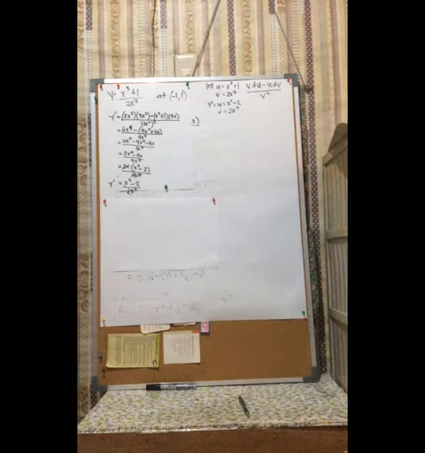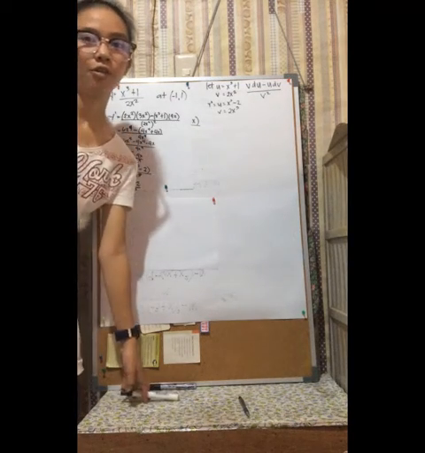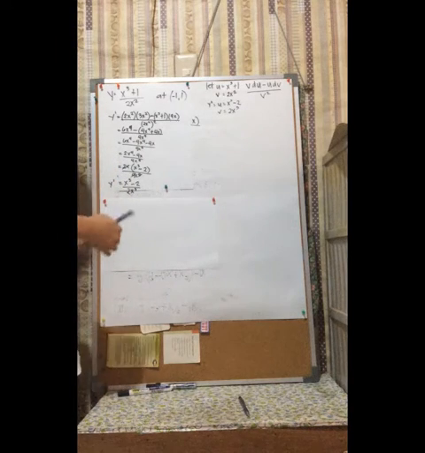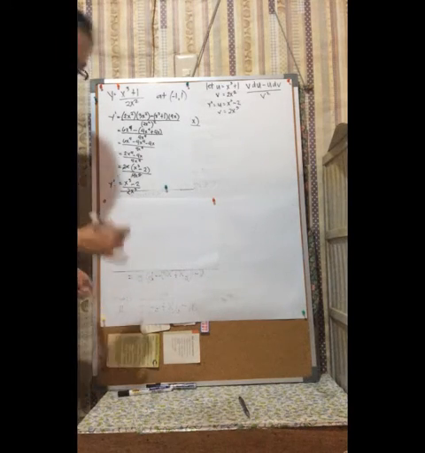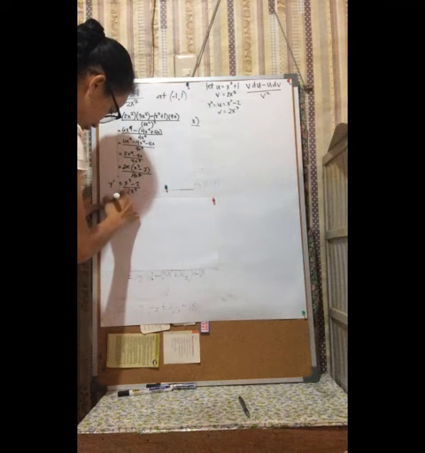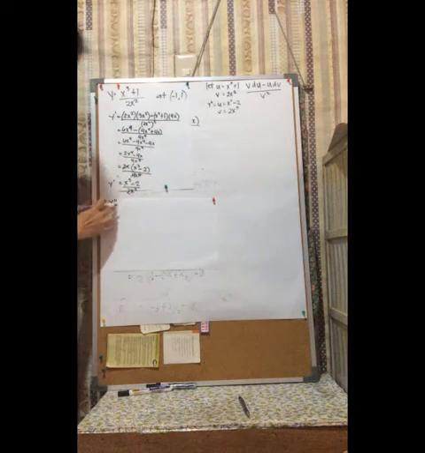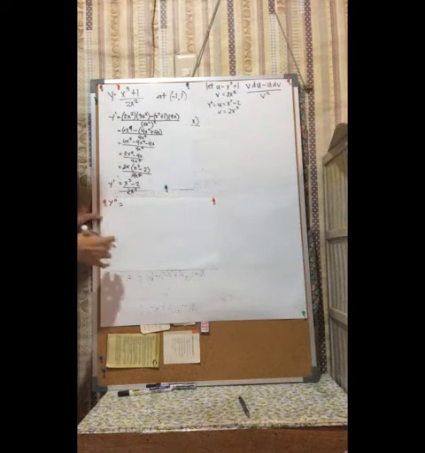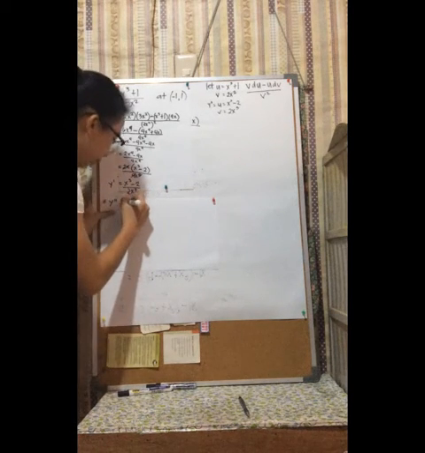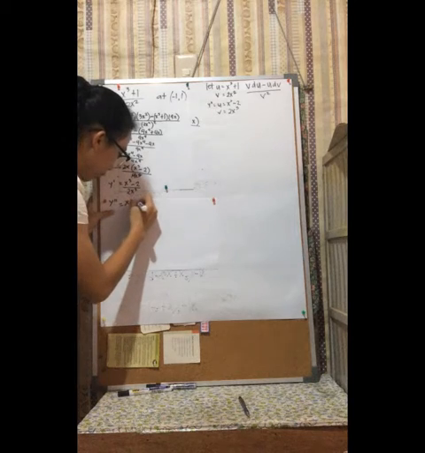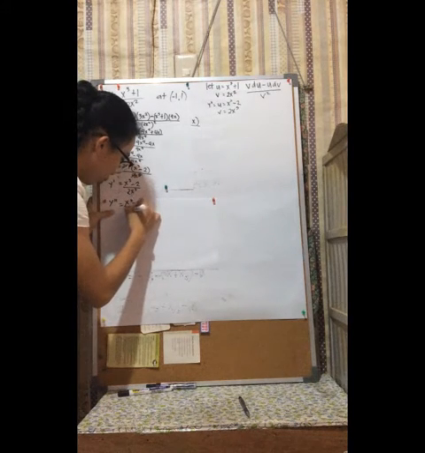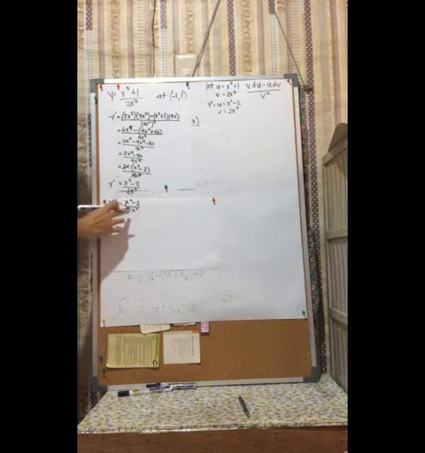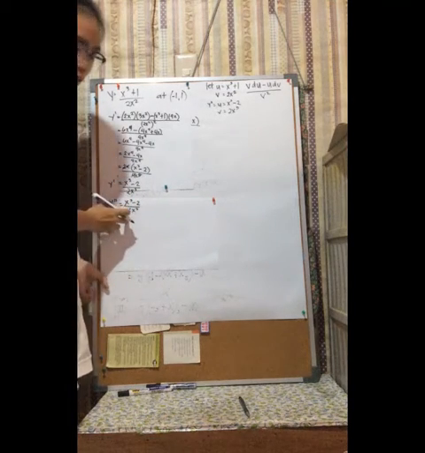So for our second derivative, we need to copy the first derivative first: x cubed minus 2 over 2x to the 3rd power.